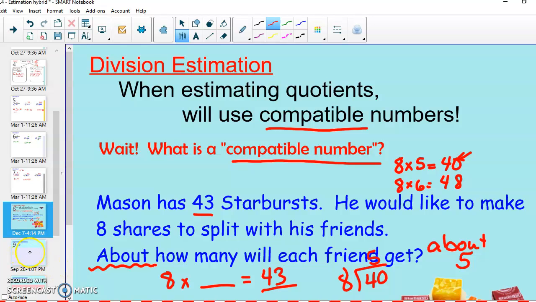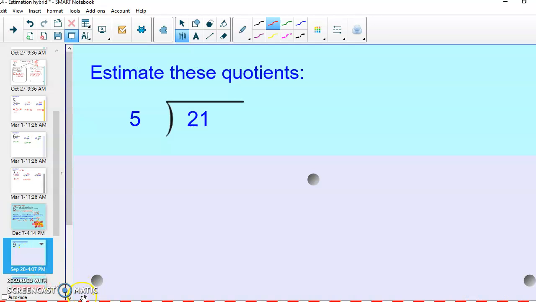All right, let's look at another one here. We're going to estimate quotients again, this time without a problem solver. This one, we're just going to look at the actual quotient and the numbers that we would divide into there. So 5 times some number will get me pretty close to 21.